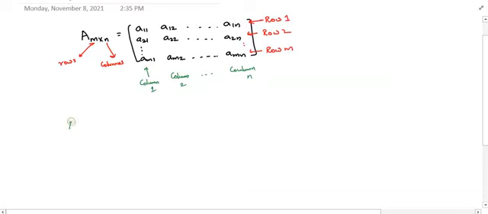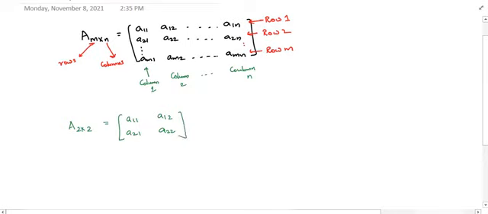Like suppose A is a matrix of order 2 by 2, we say that it will be a matrix like this: A11, A12, A21 and A22. So what does this A11 actually mean? Why am I writing this A11?